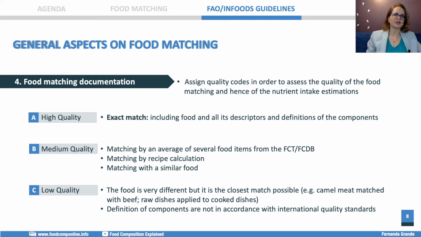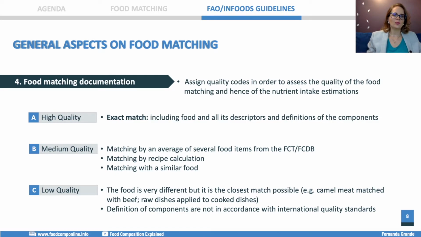We can have a quality code B for a medium quality matching, and this can be used, for example, when we have a matching by an average value of different foods. So when we have a more generic food description and then we select more than one food to match and take the average.